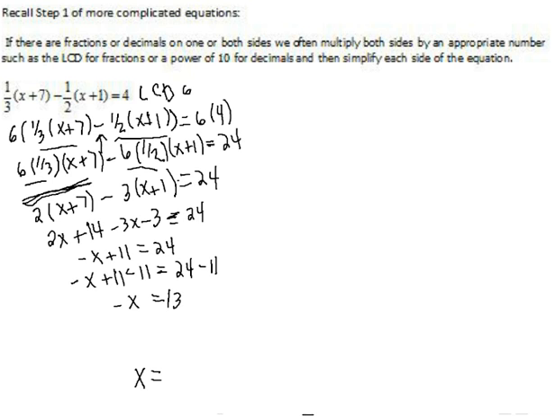X equals something. And so at this point, then, we have to get rid of that negative, and we could think of it as dividing both sides by -1, or multiply both sides by -1, -1 times negative x. I need those parentheses there to make sure I don't make a mistake, especially the second term here.